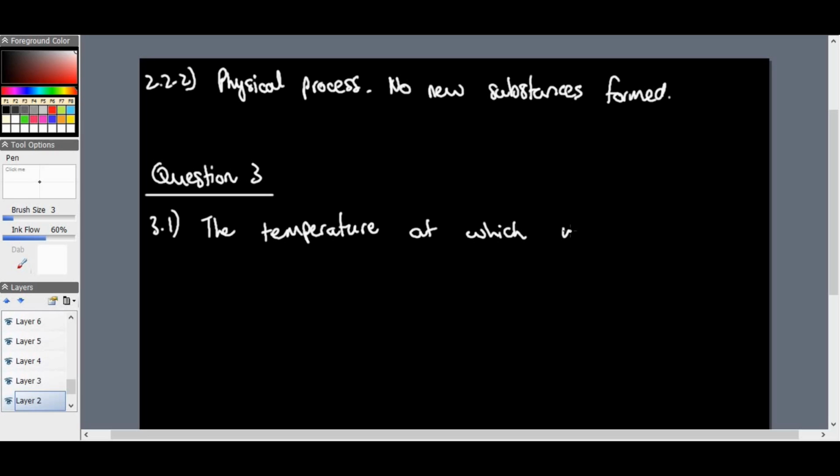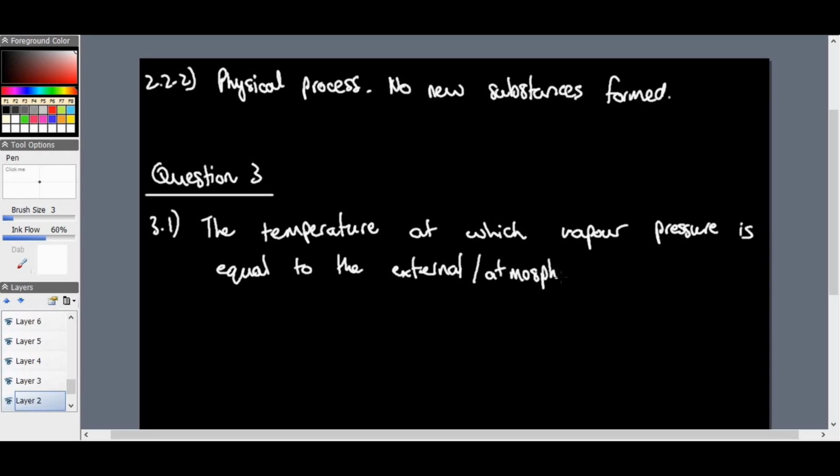vapor pressure. Let's not say water vapor, because we don't just need to boil water. So the temperature at which vapor pressure is equal to the external or atmospheric pressure.